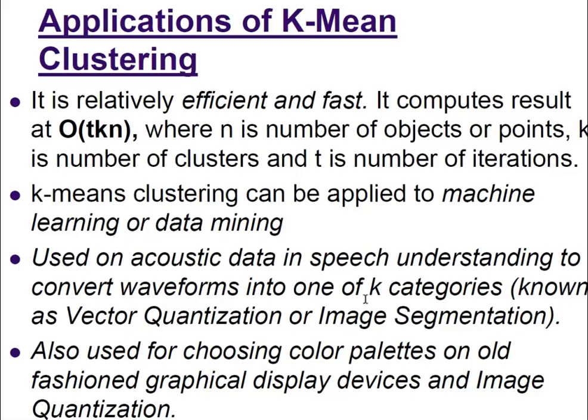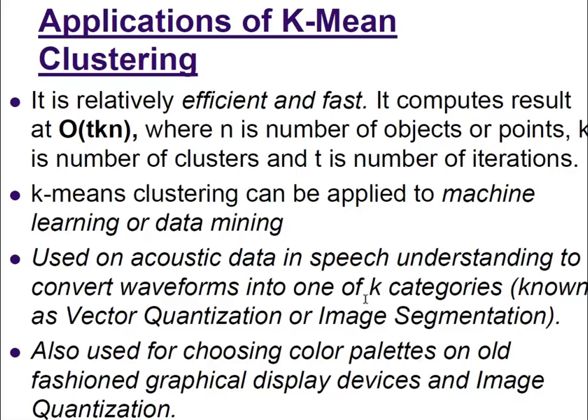So this is linear in n, which means it scales well even to large datasets. Compare that, for example, to another clustering approach like hierarchical clustering, which has time complexity of n squared. So it takes much longer.